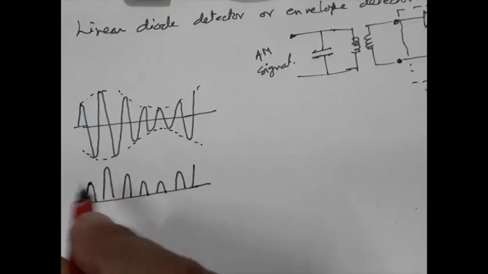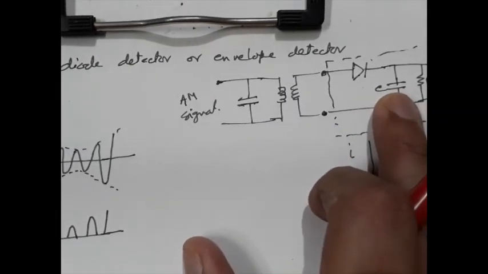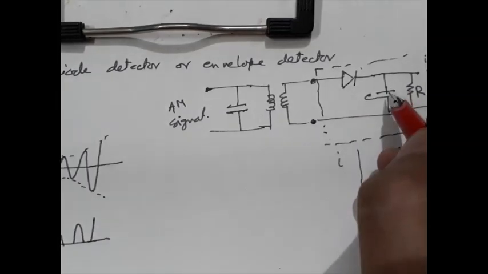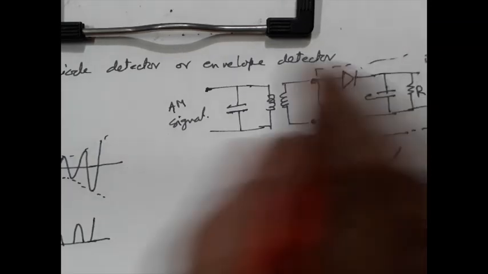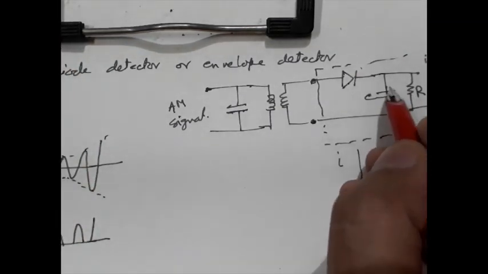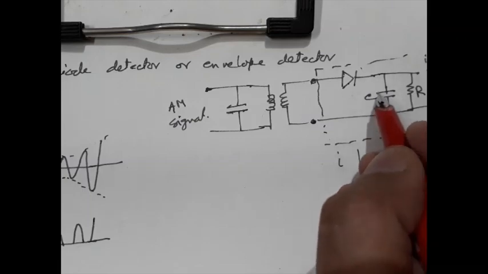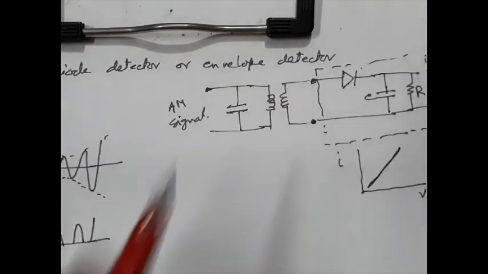So the capacitor will not allow the charge to fall, right? But along with the capacitor, there is a discharging path through this resistance R. So the capacitor voltage will not be constant, but it will reduce a little bit depending on the value of R.